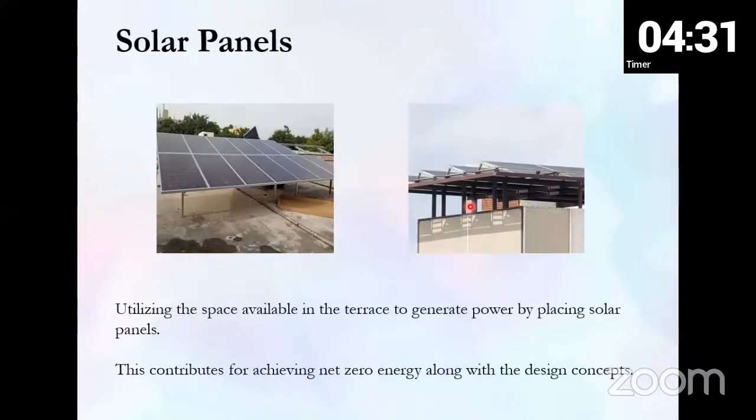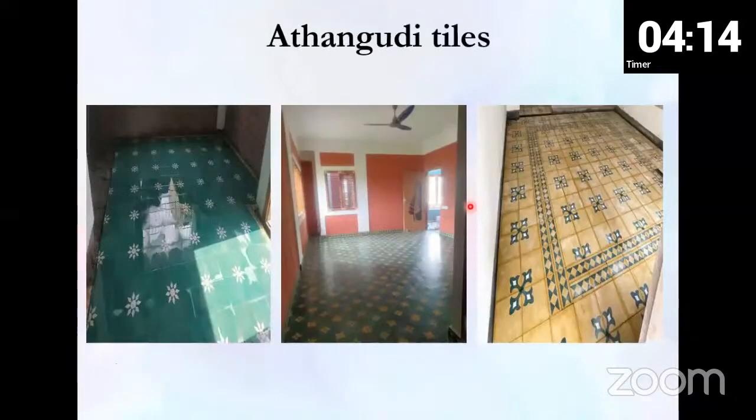These are the solar panels, as I explained with the concept of air, ventilation and light. By using those concepts, we are reducing the heat and avoiding the usage of heavy electronic devices, and whatever solar power we require, we generate from solar panels.